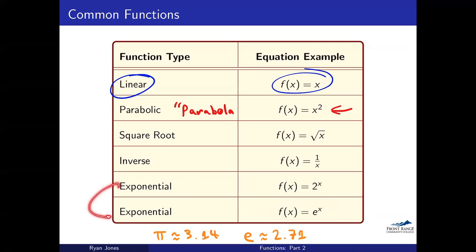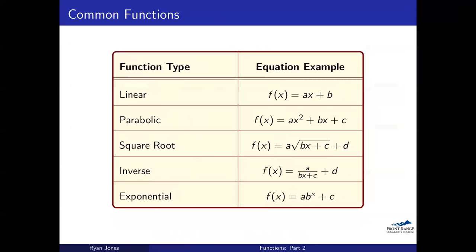Again, no difference in these two exponentials. They're both exponential functions. I just like pointing out the special case for E, if you will. Great. So we've got all these common types of functions. These are the 5 functions that we're going to be looking at. Let's take a look at examples of how we might write these equations out.